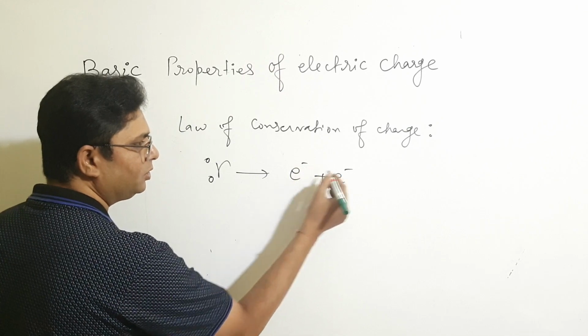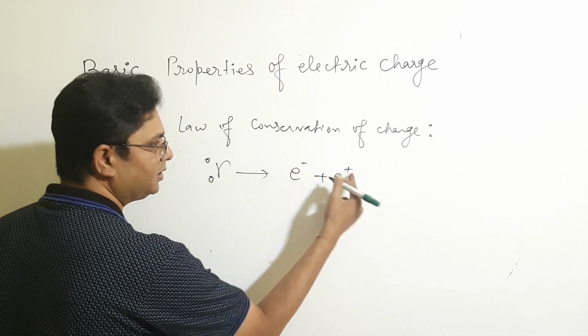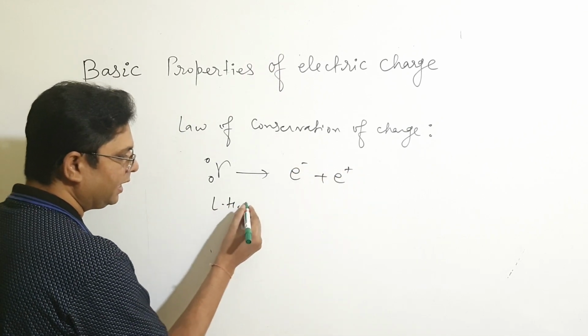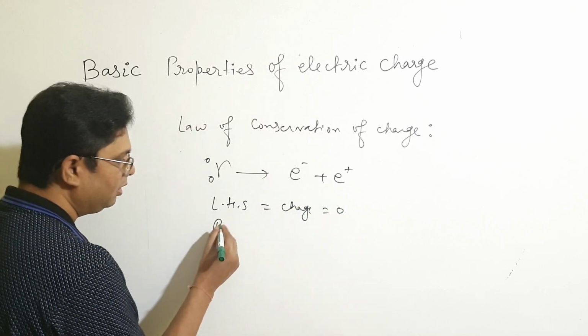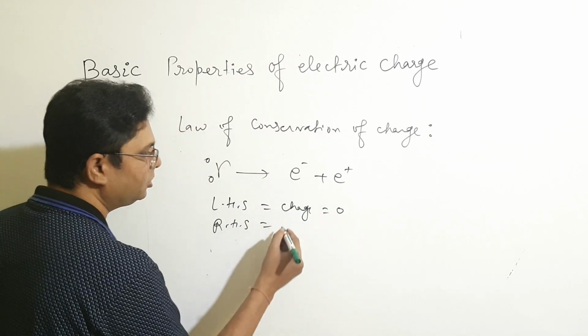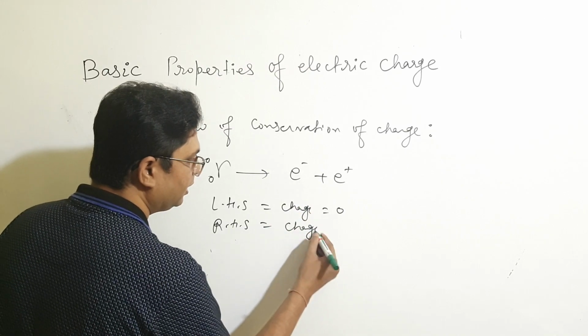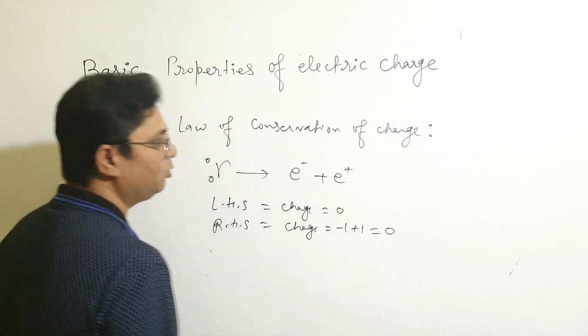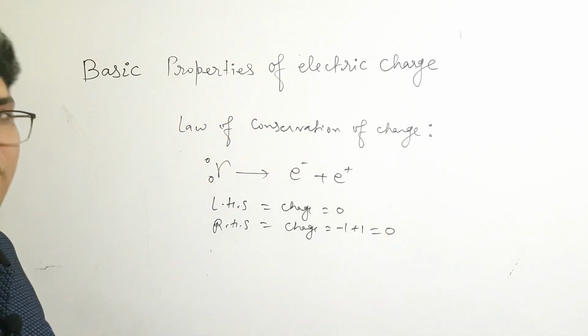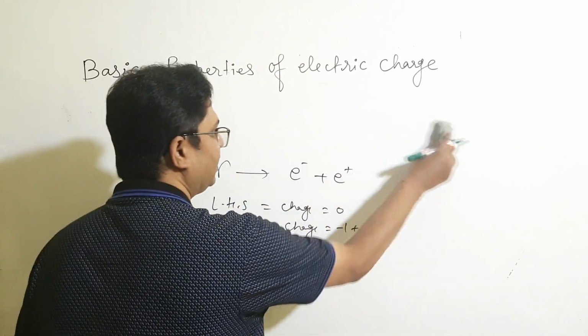This one has charge minus and this one has charge plus. So the LHS charge is equal to 0, and the RHS charge equals minus 1 plus 1, again 0. So this is the law of conservation of charge, the second property.